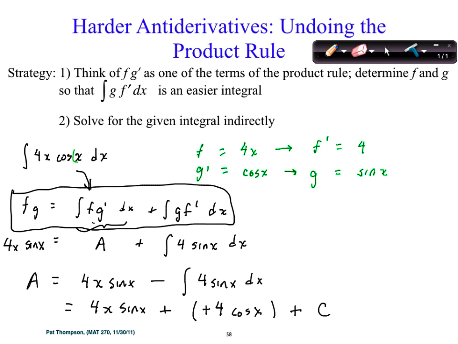But I'm going to use this technique, which means I need f, g, and f prime to write the other stuff. If f is 4x, then its derivative is 4. If g prime is cosine x, then its antiderivative is sine x. So f times g is 4x times sine x over here, and the other integral is f prime g, 4 times sine x. Does it help? Yeah. Okay.